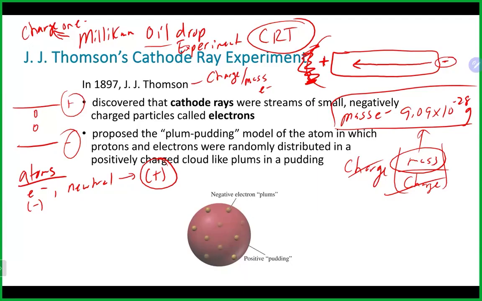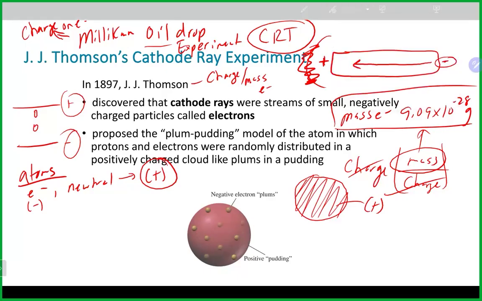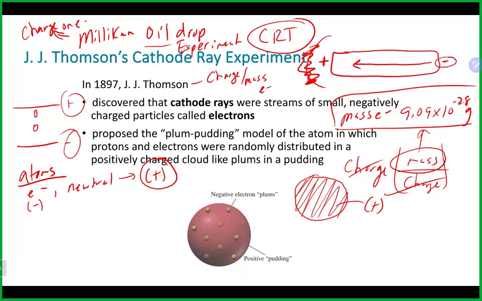So as the picture down there shows, what they thought was all the positive charge was just diffused over the entire sphere. So you have the sphere, a positive charge spread out all over it. And embedded inside this sphere, like the raisins in the pudding, are the electrons. So you've got all these electrons embedded inside.